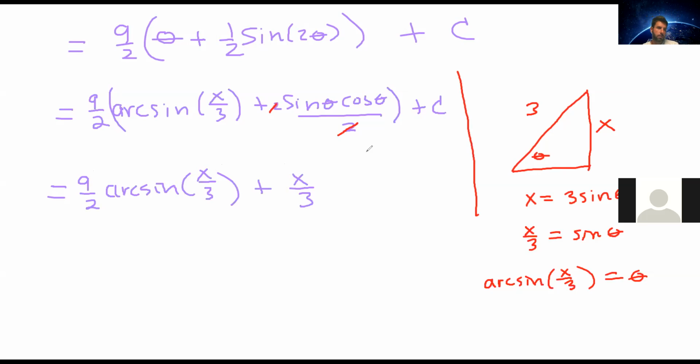The cosine of theta is the adjacent over the hypotenuse. So what's this adjacent side? Well, by the Pythagorean theorem, it is, as you would guess, the square root of 9 minus x squared. So this becomes times the quantity 9 minus x squared. And that is your final answer in all its brutalness.